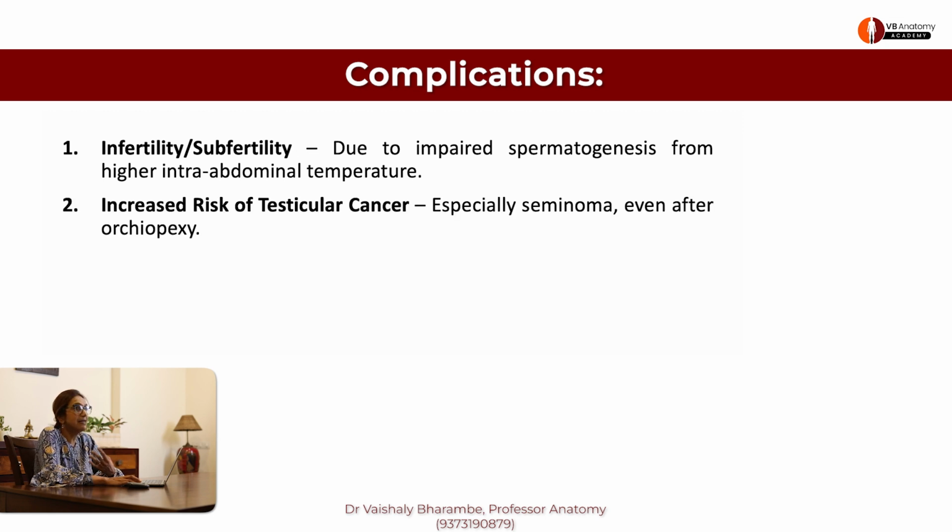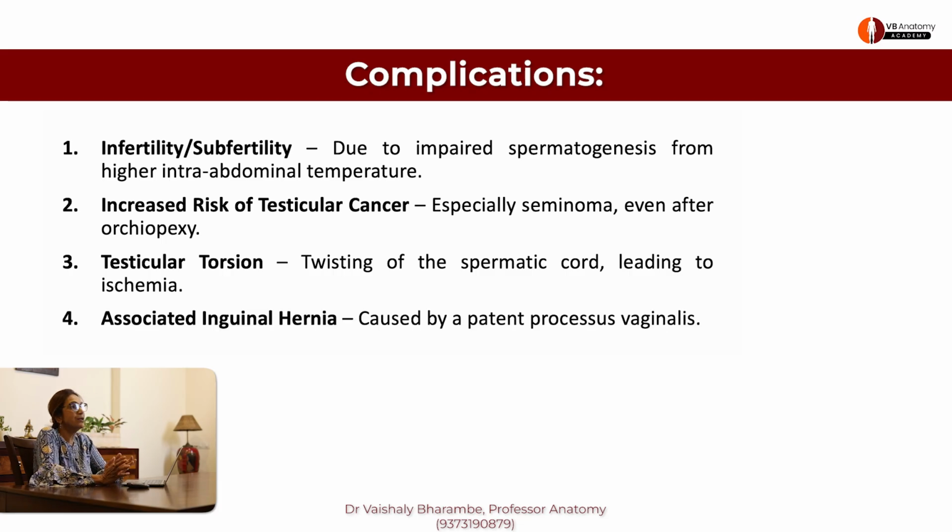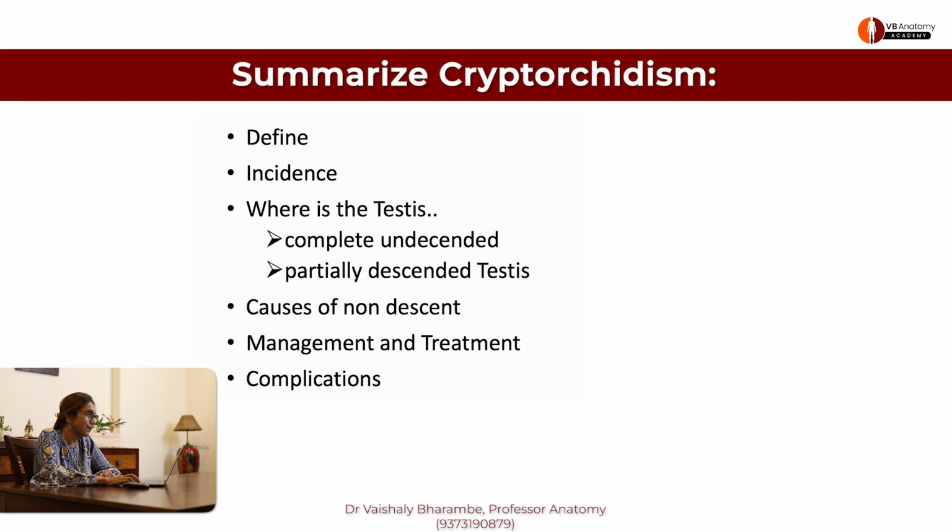Second, this testis has been exposed to such temperatures that it is very likely to develop testicular cancer. The malpositioned testes have more chances of undergoing testicular torsion and associated inguinal hernia because it's associated with non-obliteration of processus vaginalis. So these are all complications.